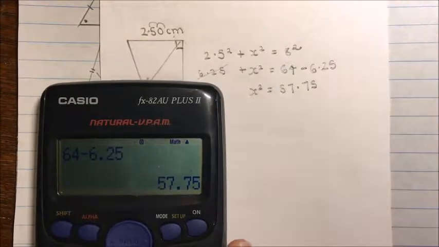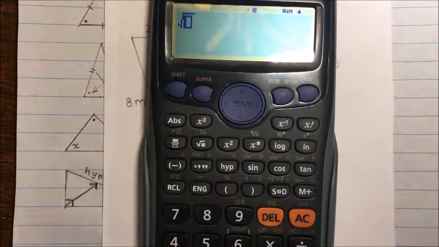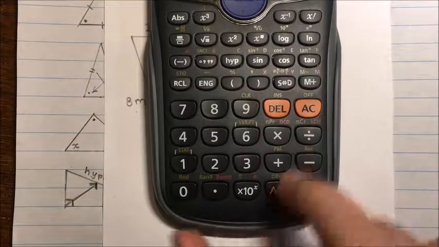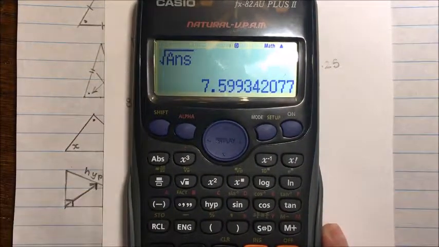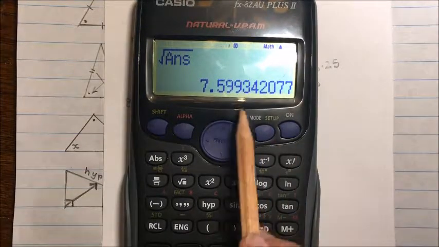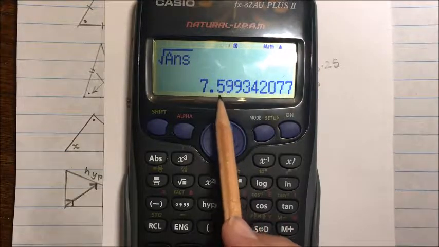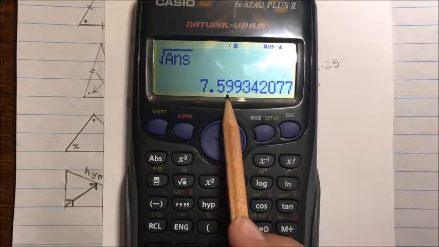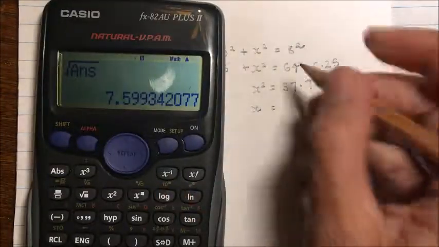If that's x squared, to find x, I need to take the square root of my answer. It equals 7.59934277. This time when I round this to 2 decimal places, the whole number's going to change. So I'm rounding that up, it becomes 7.60.